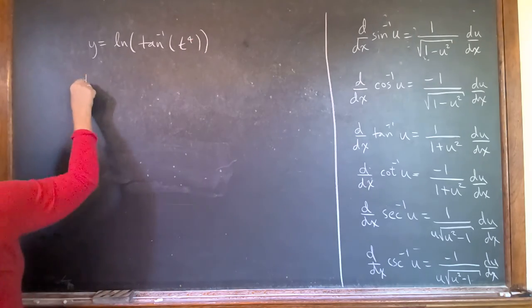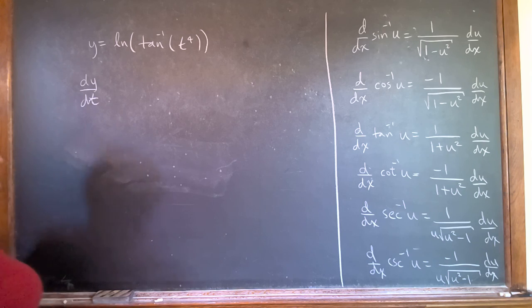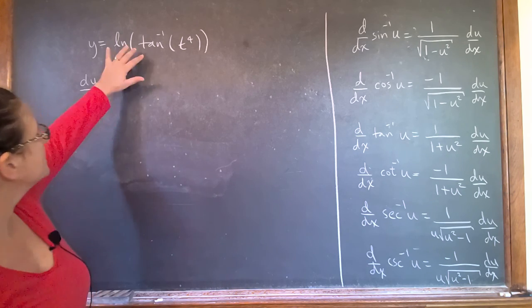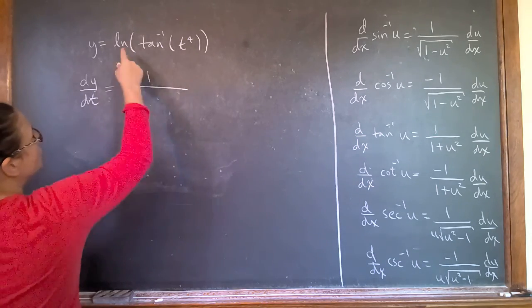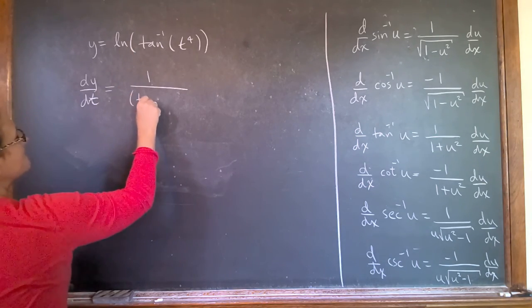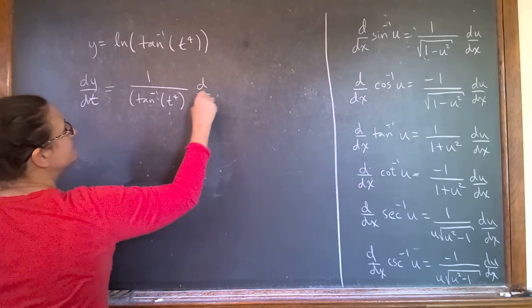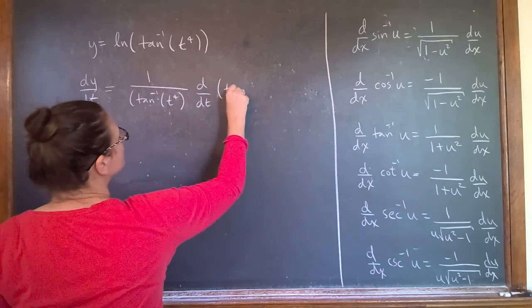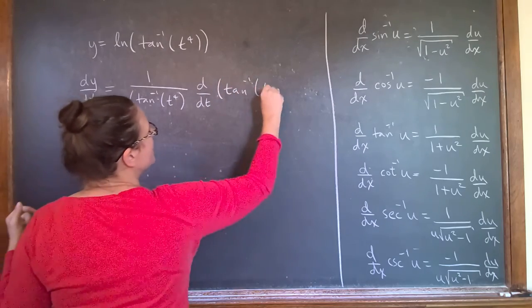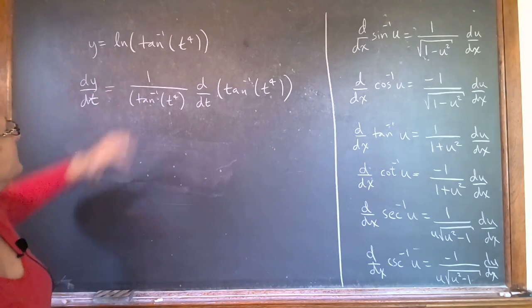Okay, so dy dt, this is a double chain rule, right? My outside function is natural log, so I'm going to do 1 over this, inverse tan of t to the 4th, times the derivative of everything that's in the parentheses, which is inverse tan of t to the 4th. Right? So that's first using the derivative of natural log.